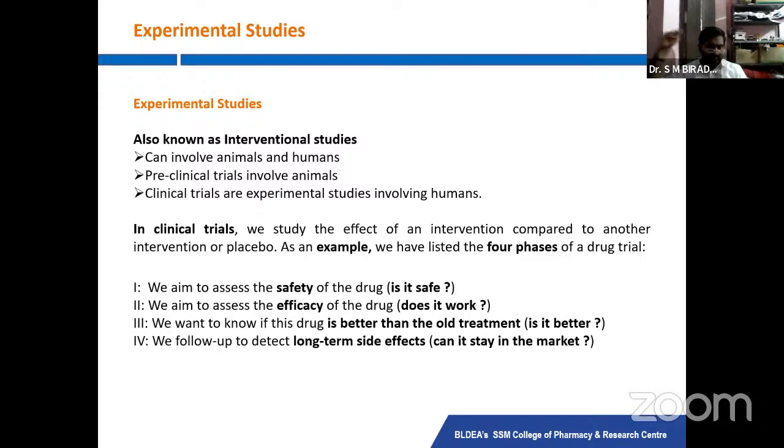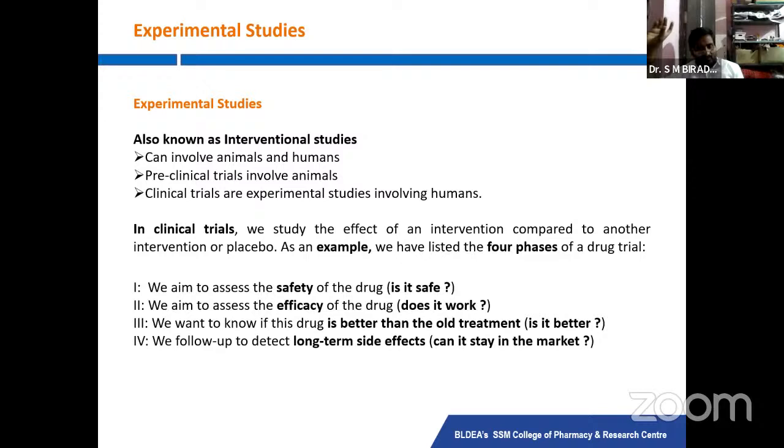In trial 2, we move to the efficacy of the drug. If trial 1 is passed, then we move to efficacy, and find out whether it is effective to treat the disease. Then in the third trial, we check whether it is better than the available or previous treatment. Suppose it doesn't have any added advantages over the previous one, then what is the fun in preparing a new molecule to treat the disease?